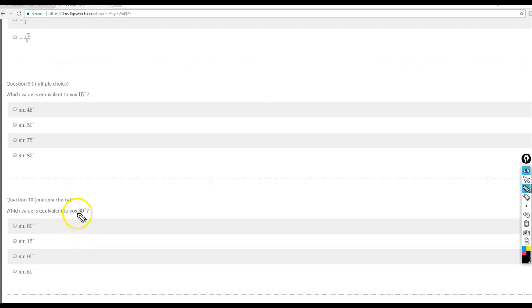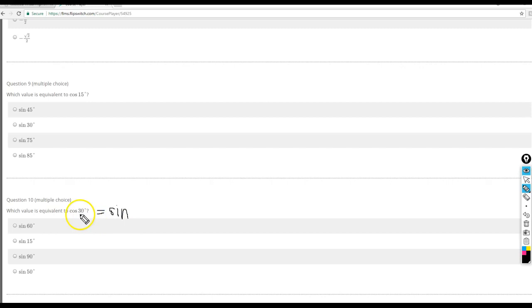And in your notes, if you don't have this jotted down, I would write it in that complementary angles have a relationship between sine and cosine. So cosine of 30 degrees would equal sine of its complementary angle.